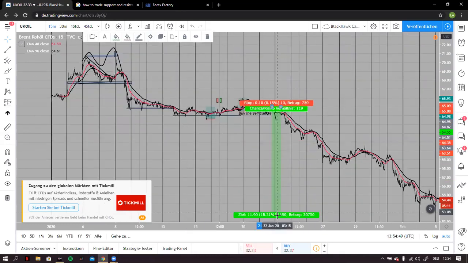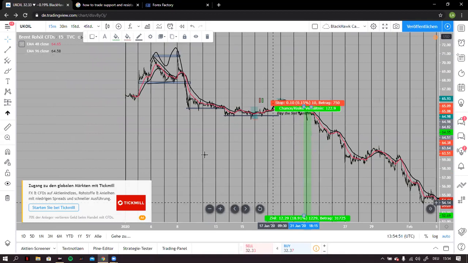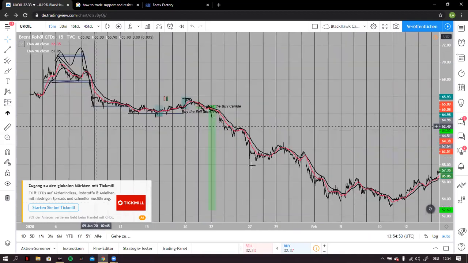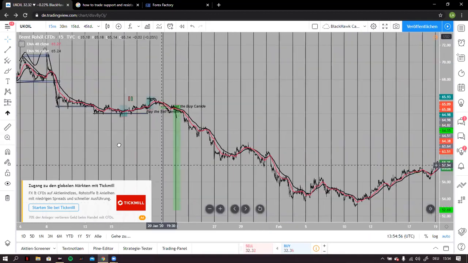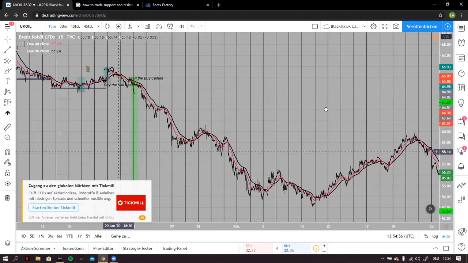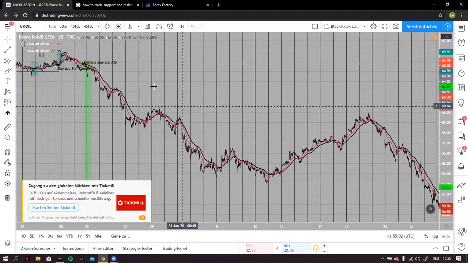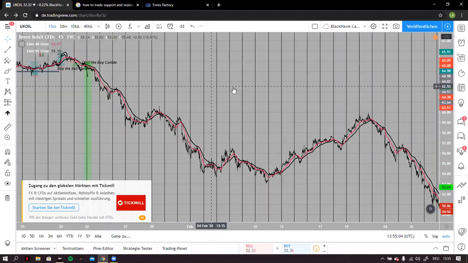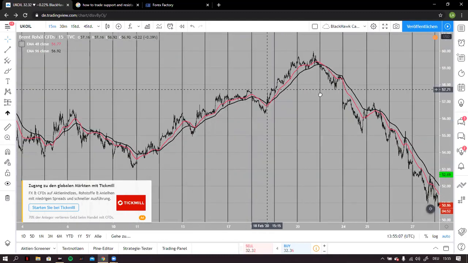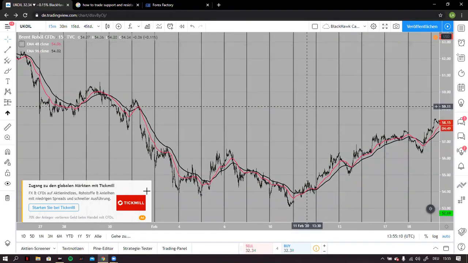Look at this. This is how powerful DMAs are. You literally can get, after the trap has been set, the whole trend with different confirmation or re-entry confirmations. Another one is right about here happening.